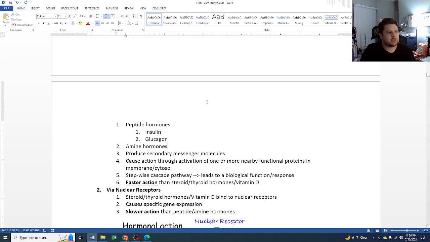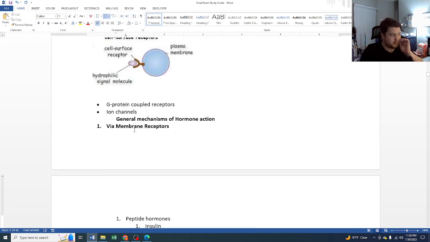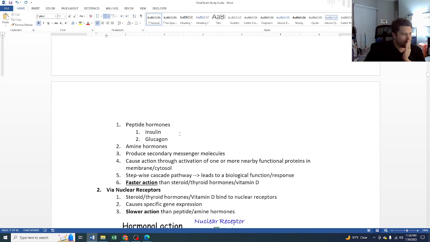So they bind onto the membrane receptors, so there are receptors just on the outside, and it causes a cascade reaction. So it's kind of like there's one reaction here, and then that one reaction sends two signals, and then each of those signals sends two more, and each of those sends two more, kind of like a pyramid, and it cascades down through, causing a very, very quick reaction to occur.